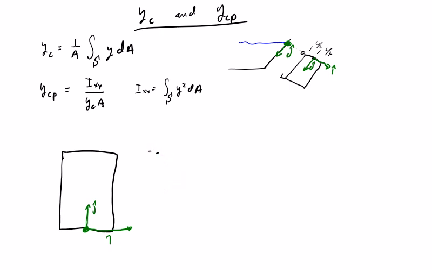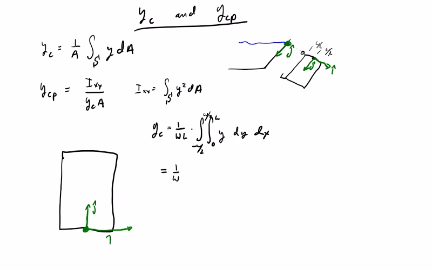So YC equals 1 over the area, so WL, times, and now we had written before the integral over the surface, but now we're going to break it up into two integrals. Y dy dx. What are our limits in y? 0 to L. And what are our limits in x? Minus w over 2 to w over 2.